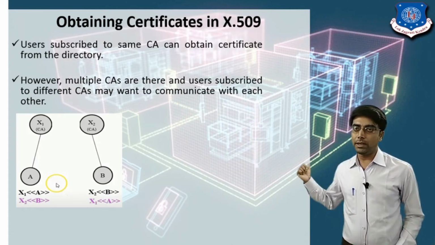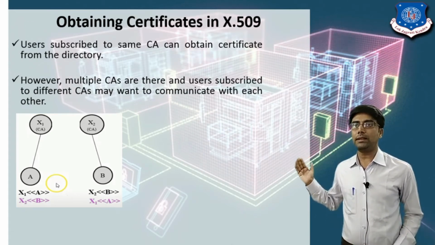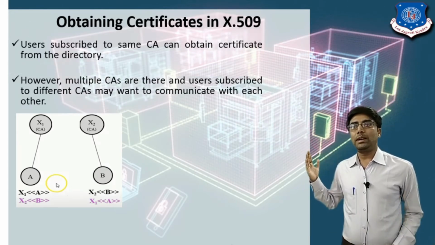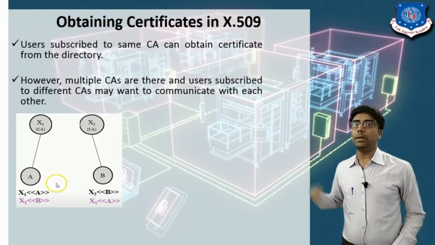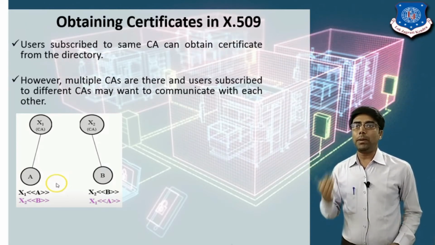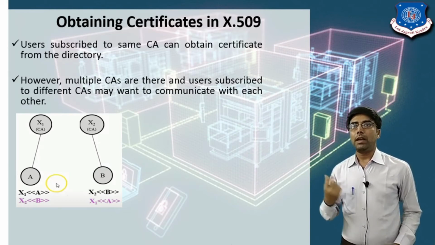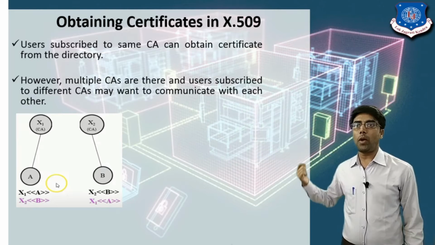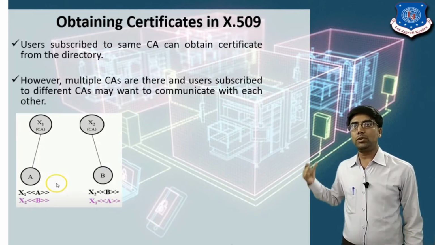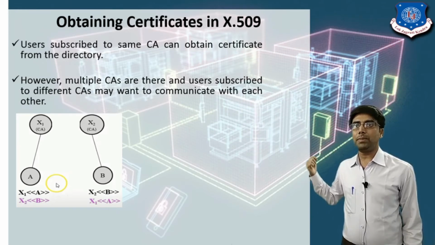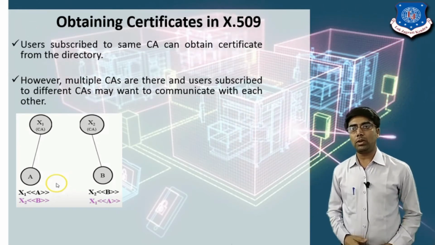So here user A shares their public key with X2, and X2 will generate the certificate and send it to user A. It means now user A will get the public key of the X2 certificate authority. Same, if user B wants to communicate with user A, the first user B will share their public key with X1, the certificate authority.